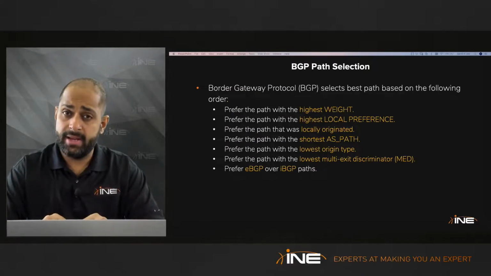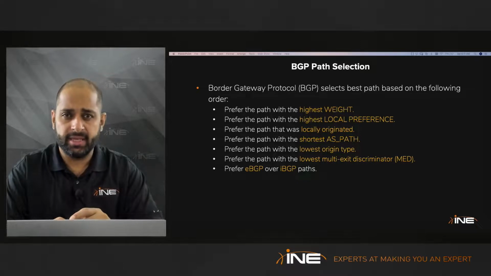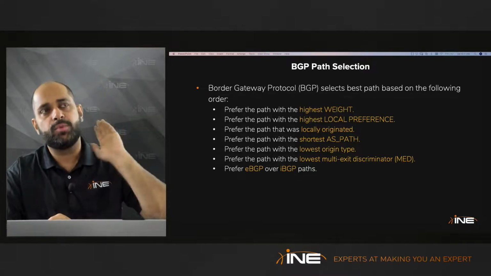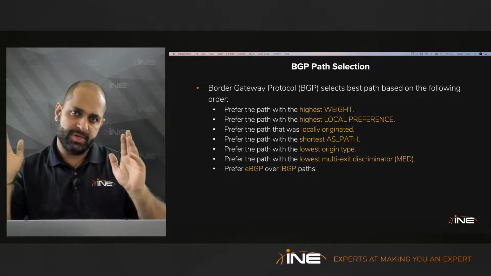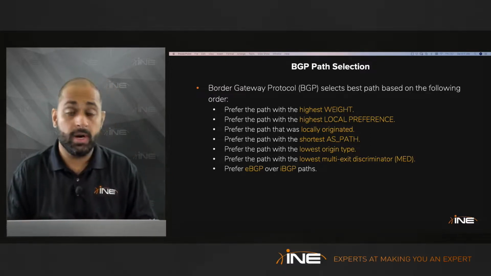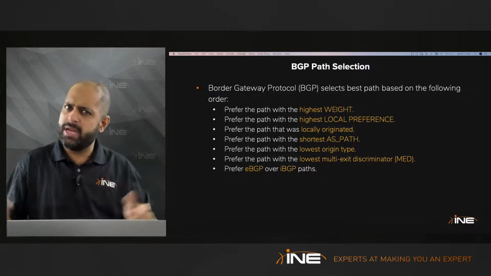Now, if the MED is the same, it goes to the next criteria, which is eBGP path is preferred over iBGP path. So, if my neighborship with ISP1 is an eBGP neighborship and my neighborship with ISP2 is an iBGP neighborship, then eBGP path would be preferred over iBGP path. Okay? Now, if that is the same, what next?